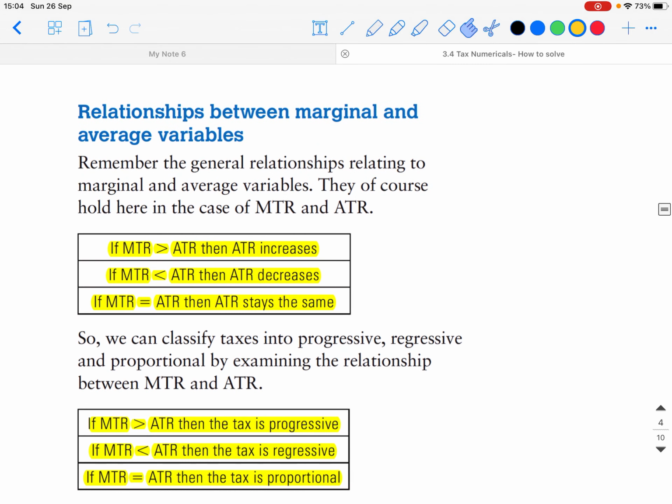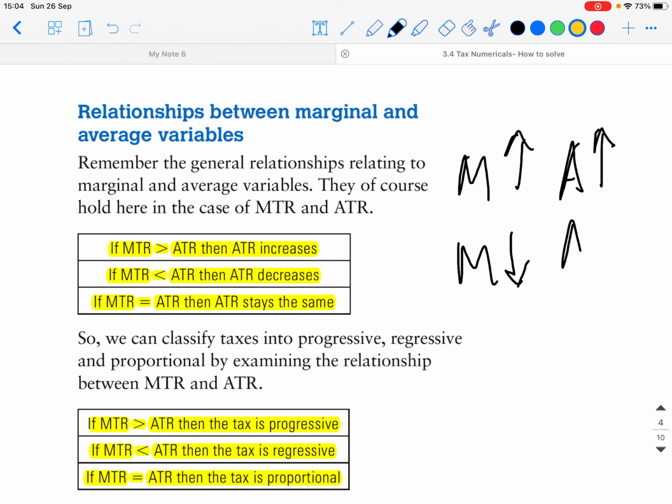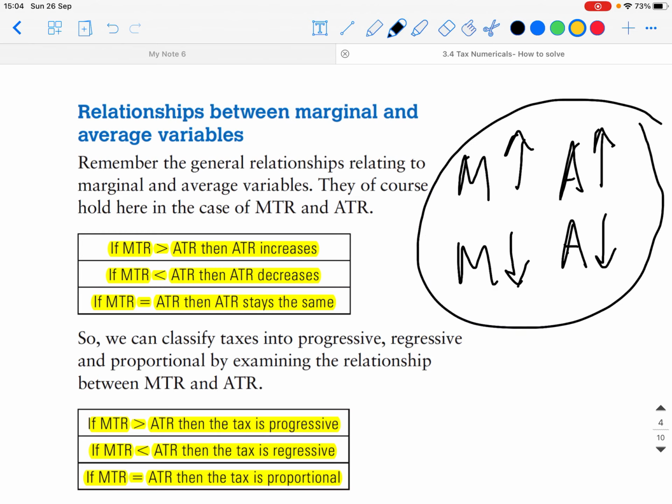Now, what is the relationship between marginal and average variables? There's a simple relationship: if marginal increases, then average is going to increase. If marginal decreases, then average is going to decrease. Now, marginal, we know in econ, we always say additional, right? So if the additional income earned increases, then the average tax rate would also go up for that person.